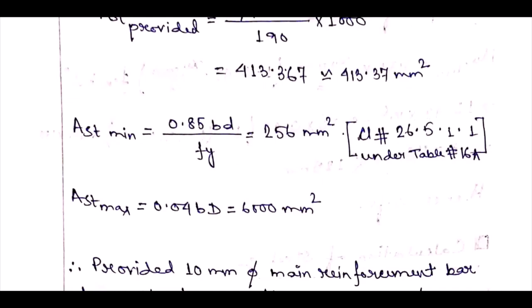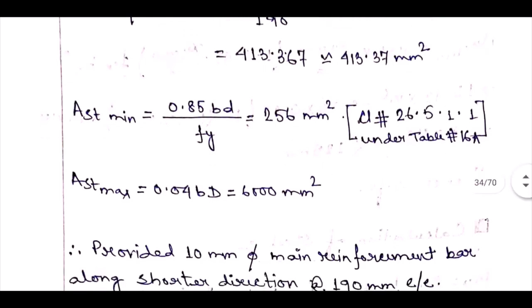This is the minimum reinforcement that has to be provided for this section, and Ast maximum is equal to 0.04 b into capital D, that means overall depth, that is equal to 6000 mm square. So the value of Ast provided lies between this minimum and maximum, so hence this is okay.